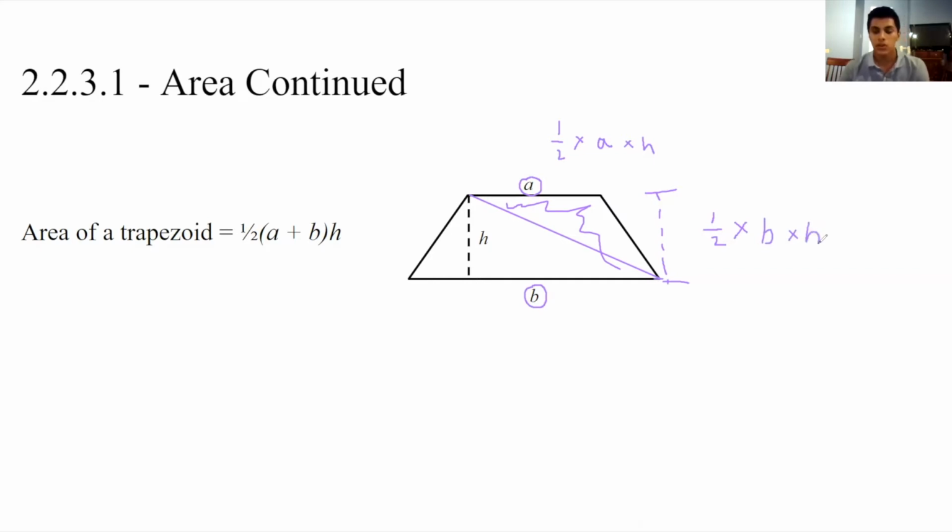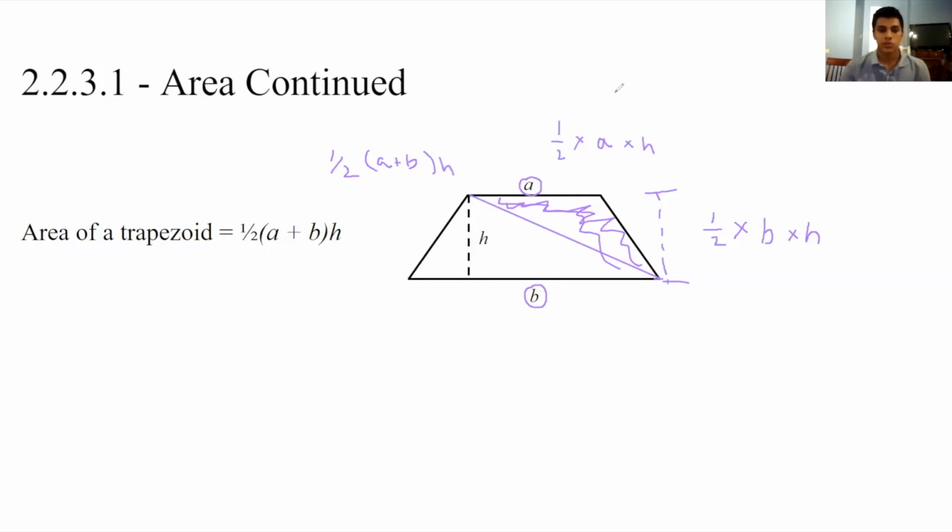So now, all we need to do is figure out, well, if we have the area of this one, which is half a times h, and this one, which is half b times h, we can actually simplify that into one whole figure in one formula where you do 1/2 times just the bases added together, a plus b, then times h.